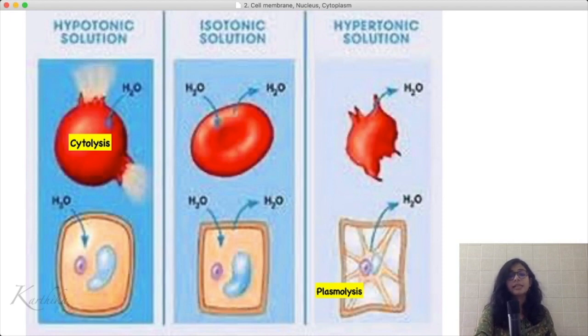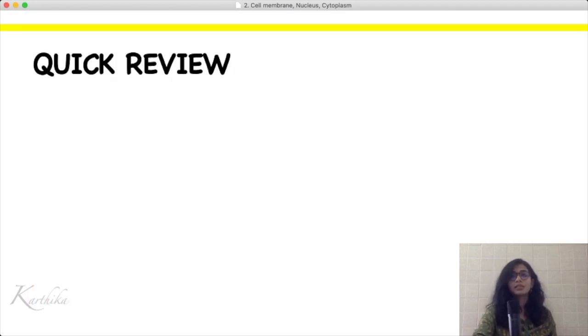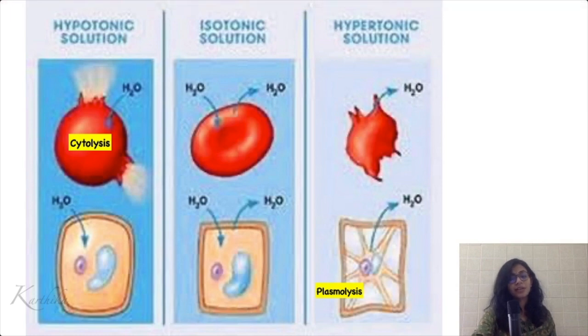Whereas in a plant cell, it does not happen because of the strength it receives from the cell wall. In isotonic solution, the animal cell remains the same, and in hypertonic solution, the cell gets even more damaged. But in plasmolysis, in hypertonic solution, the cell wall still holds the structure more or less. So that was the significance of the cell wall, right?